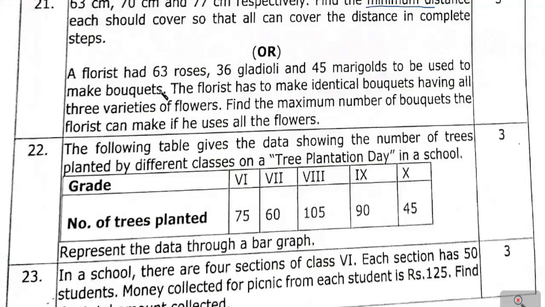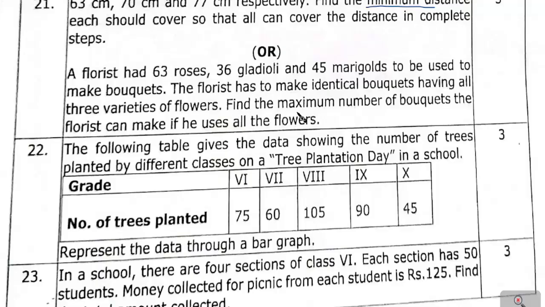The next question: a florist had 63 roses, 36 gladioli and 45 marigolds to be used to make bouquets. The florist has to make identical bouquets having all three varieties of flowers.